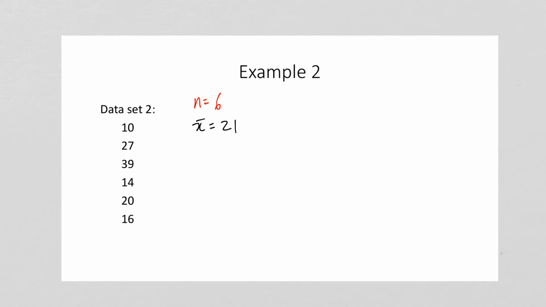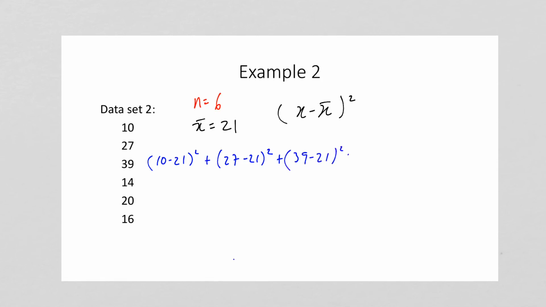And then I can do my equation of x minus the mean squared, and that's going to give us 10 take away 21 squared plus 27 take away 21 squared plus and so on.